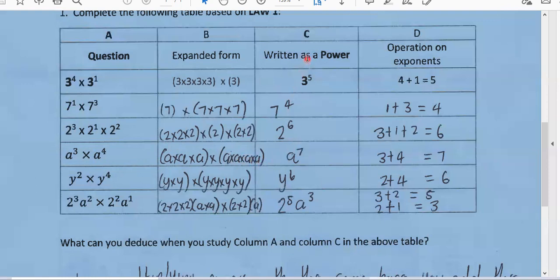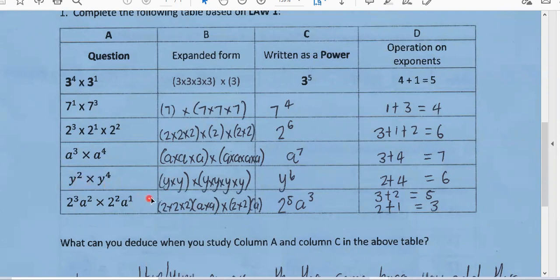Written as a power, you're going to write it as a to the 7. Now how did we get a to the power of 7, or the 7 in the exponent? The operation on the exponents is telling me I must add the 3 plus the 4 to give me an answer of 7.